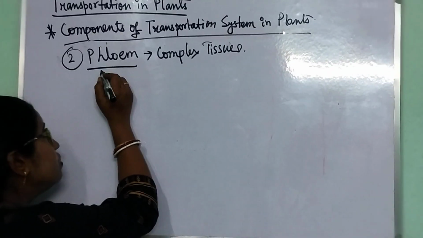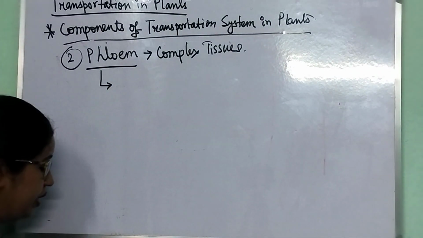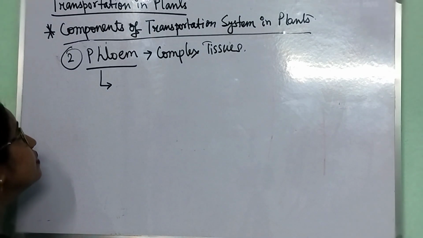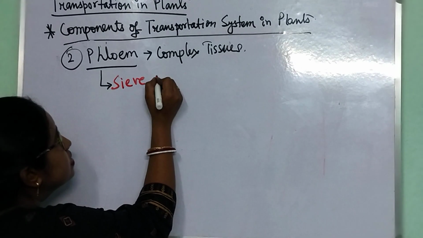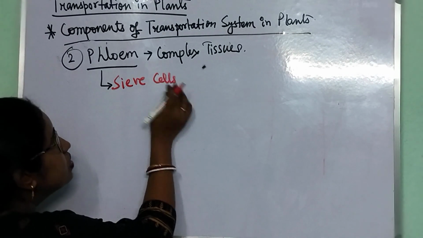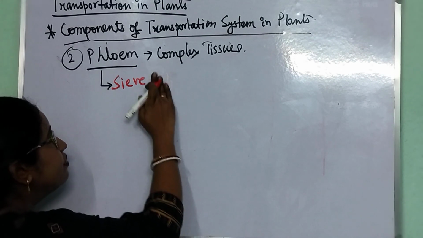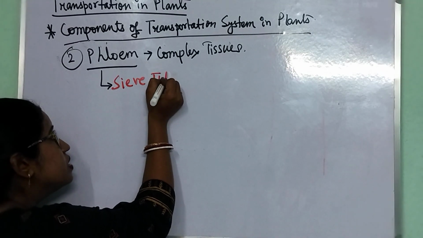So phloem also has four components. First component is known as sieve cells, or rather I say the sieve tubes.